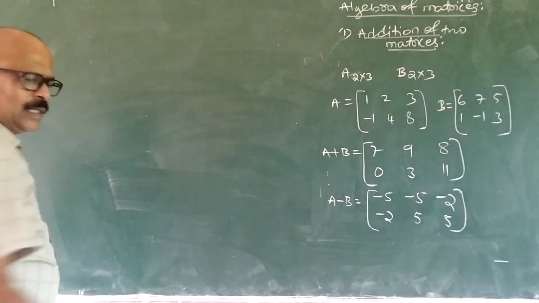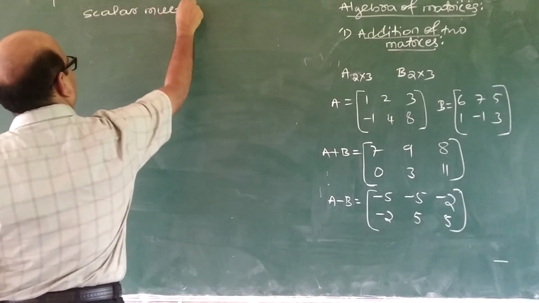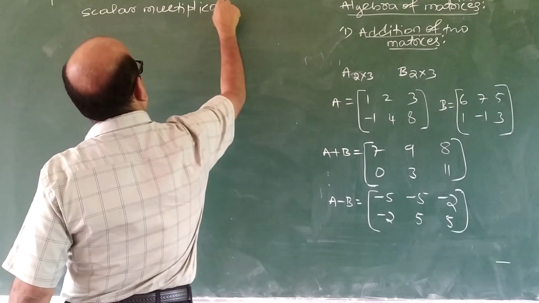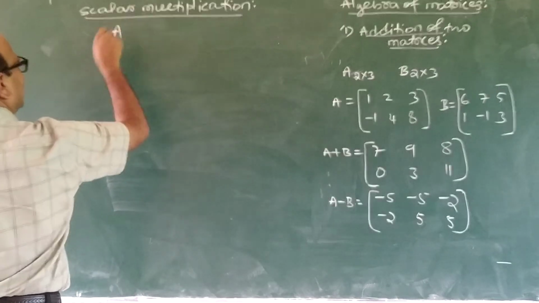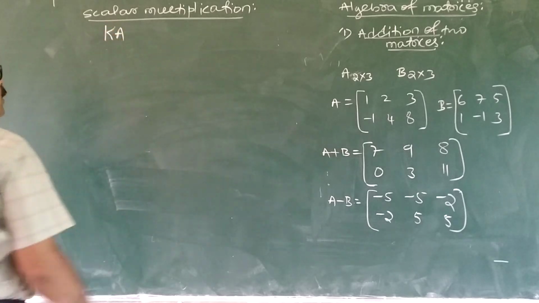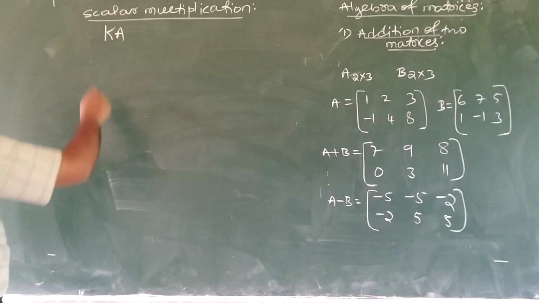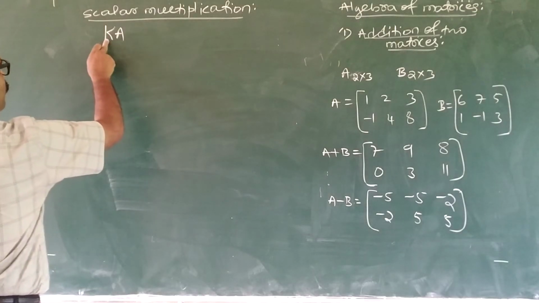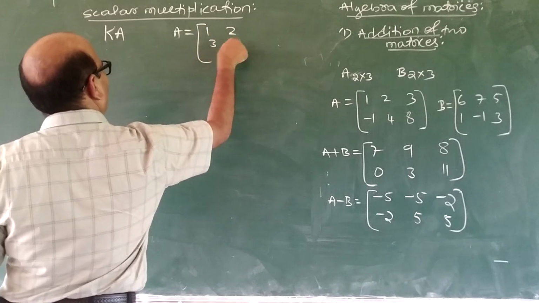Next comes scalar multiplication. Suppose A is any matrix, then if you have to multiply the matrix by K, you have to multiply each element of A by K. Suppose A is 1, 2, 3, 4, 5, 6.